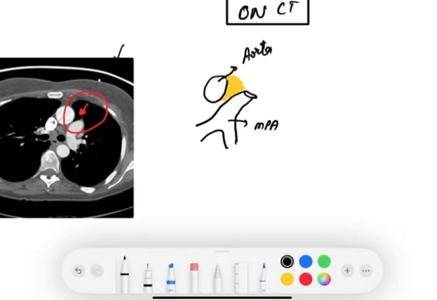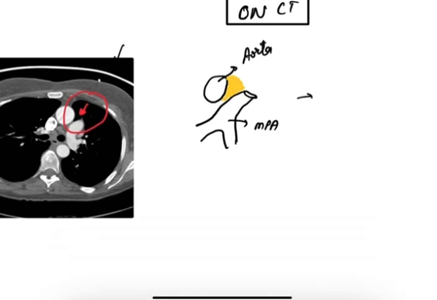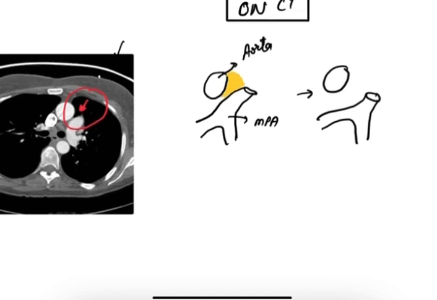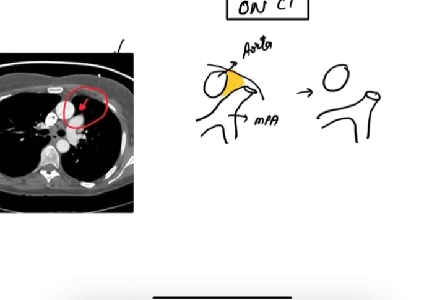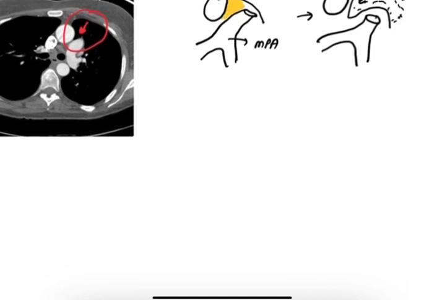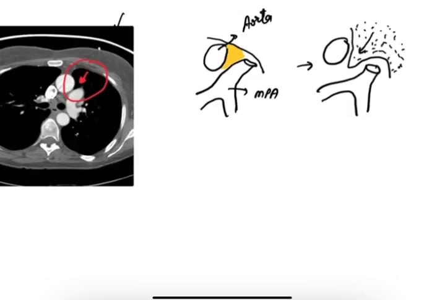But in the patient of pericardial agenesis, as you can see in the image, due to the absence of pericardium, lung tissue invaginates or is present in this aortopulmonary space. Okay, this is the one thing.